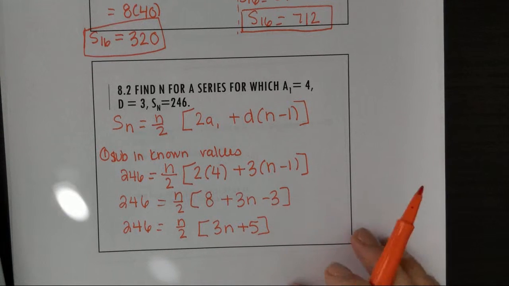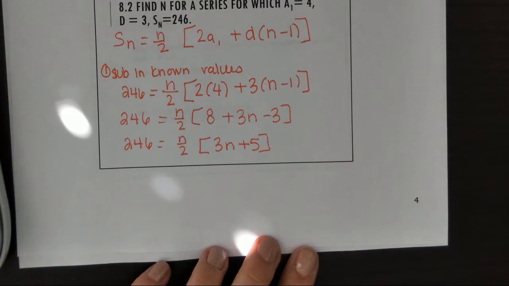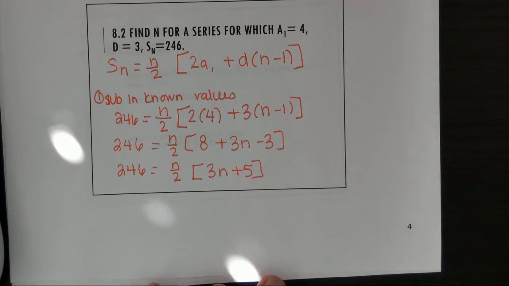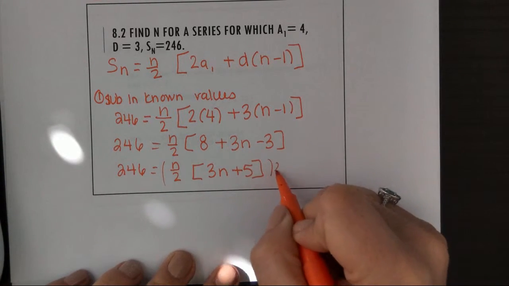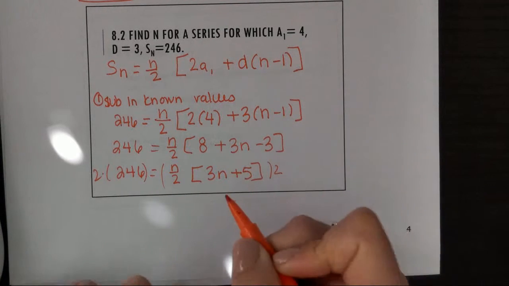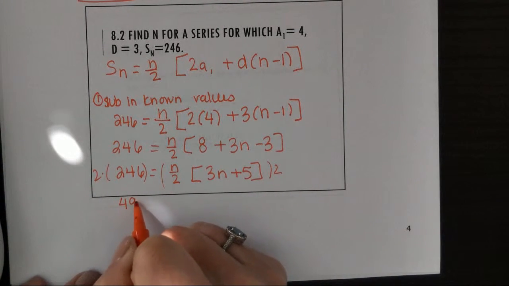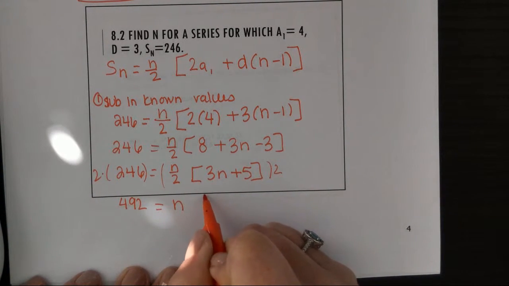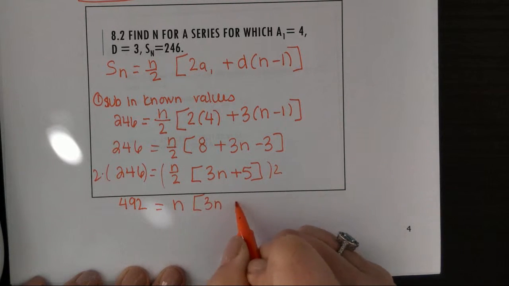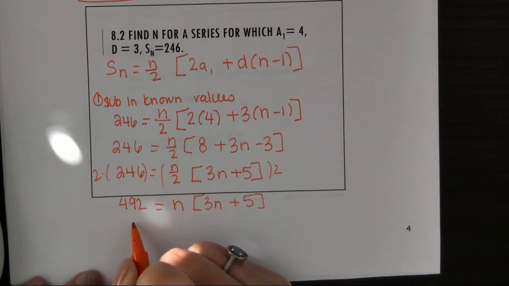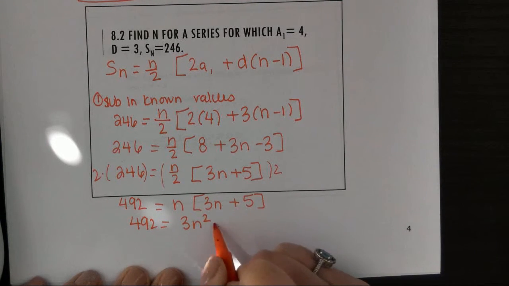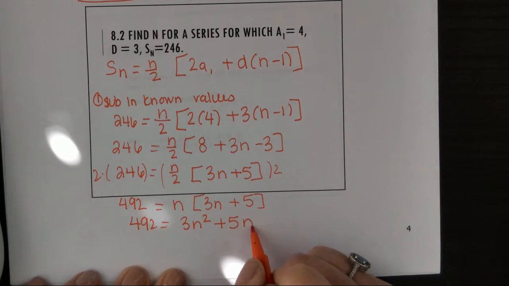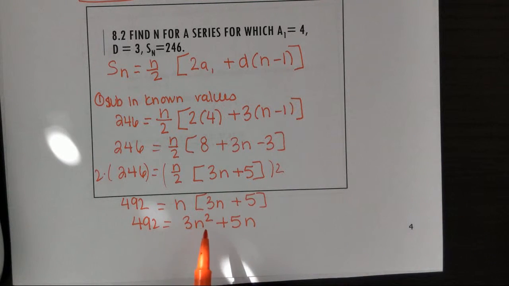Here I would choose to multiply both sides by the 2 so that I'm not dealing with distributing a fraction. So this will be 492 equals n times 3n plus 5. Here you should notice that you're going to get a quadratic because we have a squared term.